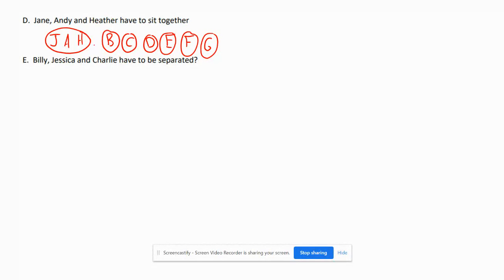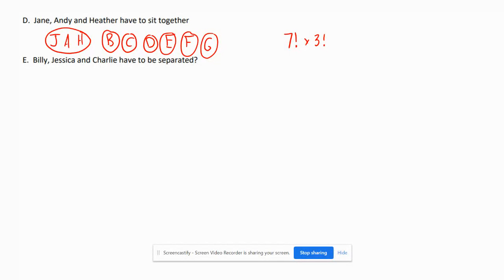So if they have to be together, we're going to treat them as if they're one person over here, okay? So 1, 2, 3, 4, 5, 6, 7 is 7 factorial. And we're going to multiply that times 3 factorial because Jane, Andy, and Heather do not need to be in this order over here. We can just rearrange those 3. Okay. So it's doing this calculation.